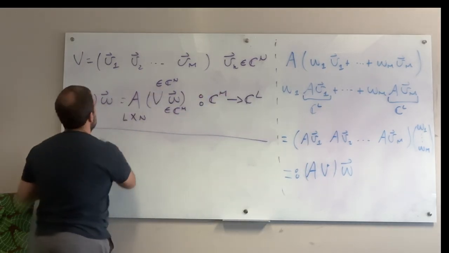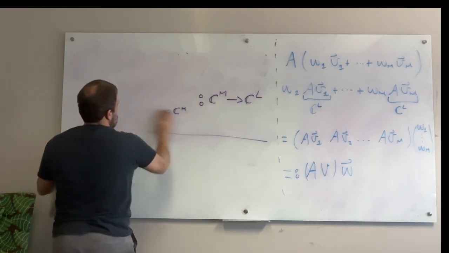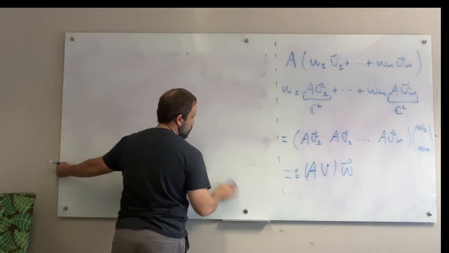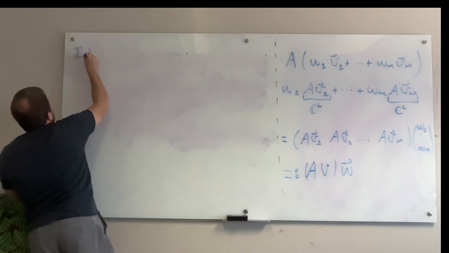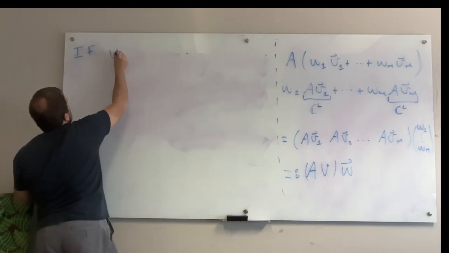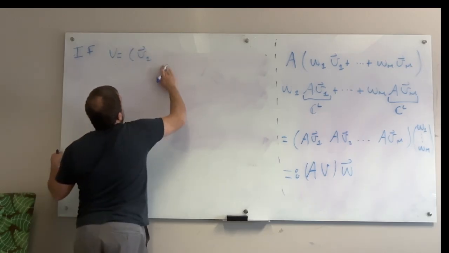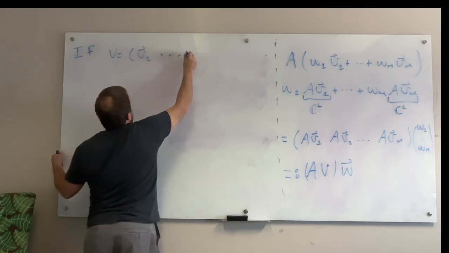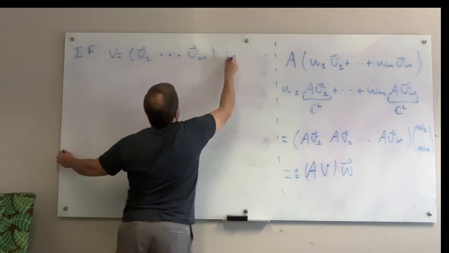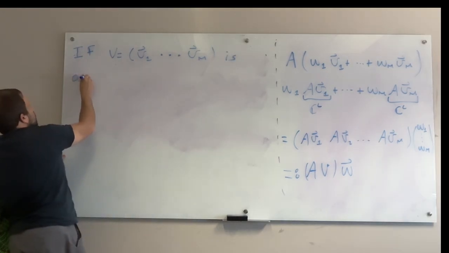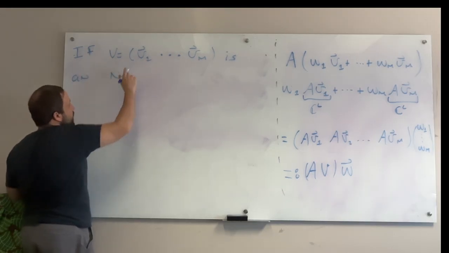let me just write the definition up here. So if V, the first column of V is V1, and we're going to go up to Vm.